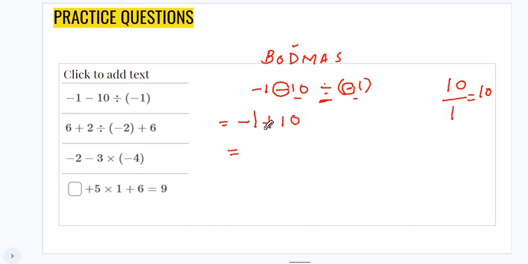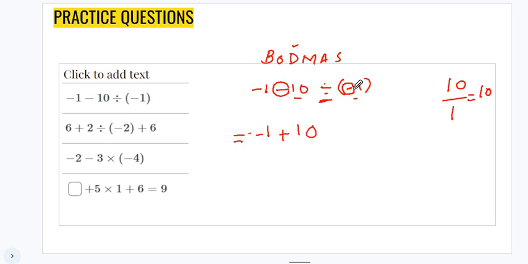Now look at here, -1 plus 10. Now it's not multiplication and not division, so what we have to do is add these numbers. So now we are left with -1 and plus 10, right?